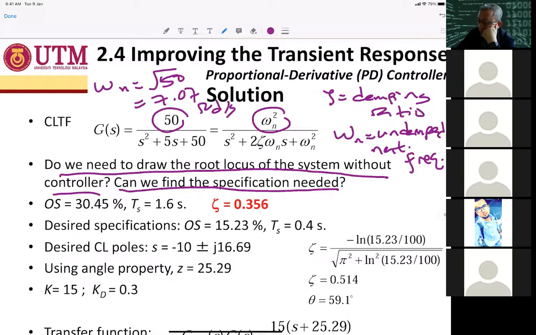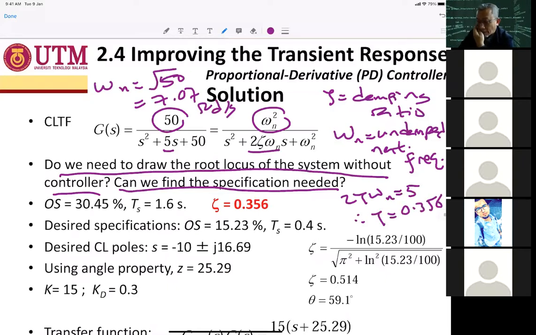Okay, and then from there you can compare this part to 2 zeta omega n, with 5, so zeta is 0.356, by inserting the omega n value that you got previously, 7.07.